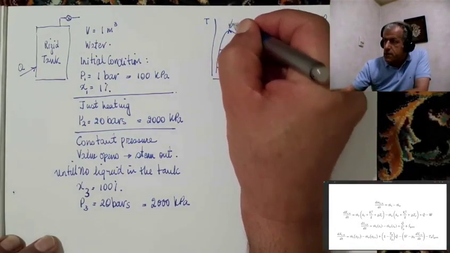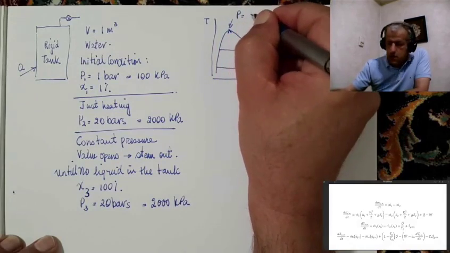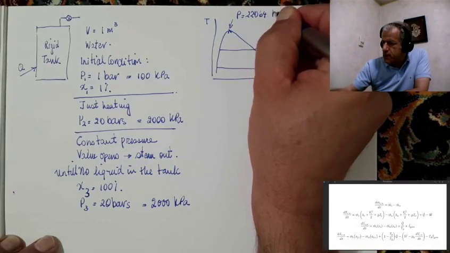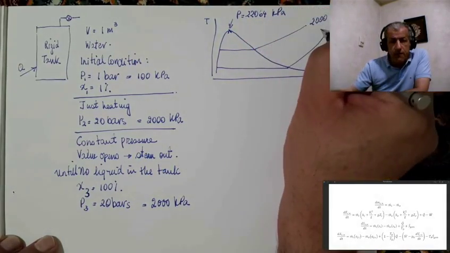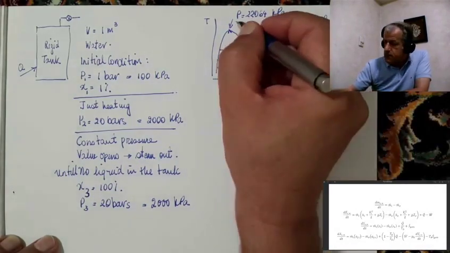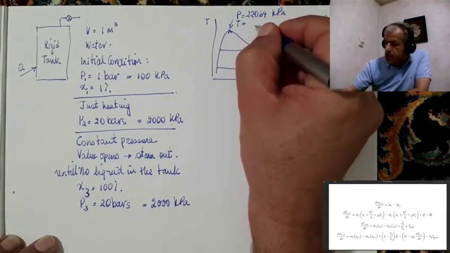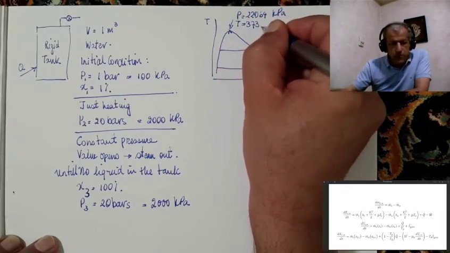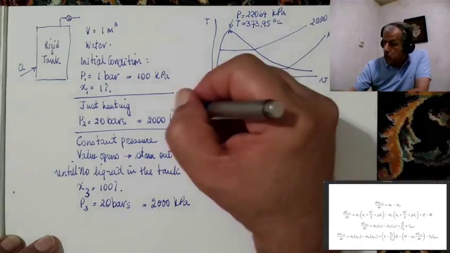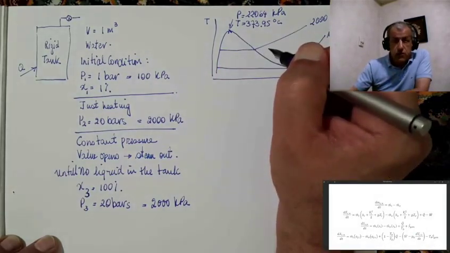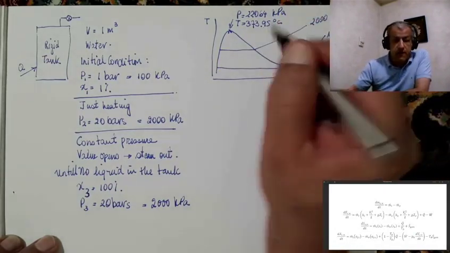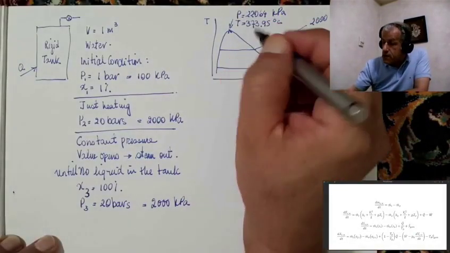At the critical point, the pressure is P equals 22,064 kilopascals. So we are far away from the critical point with 2000. And the temperature is 373.95 degrees C. Soon we shall see what the saturation temperature for these two pressures are, and we can compare them with the critical point.